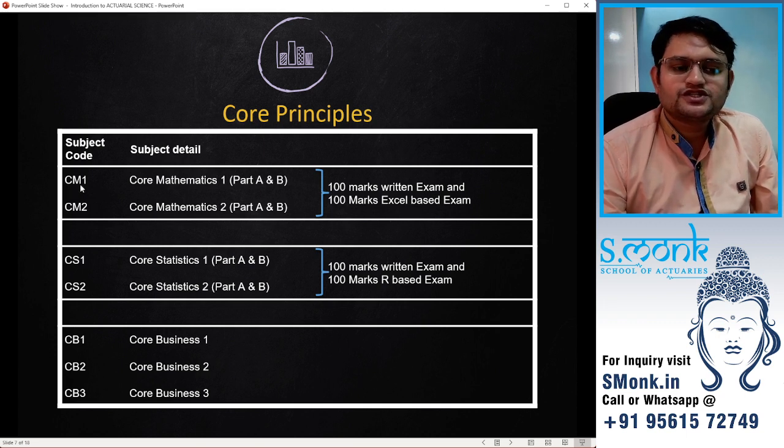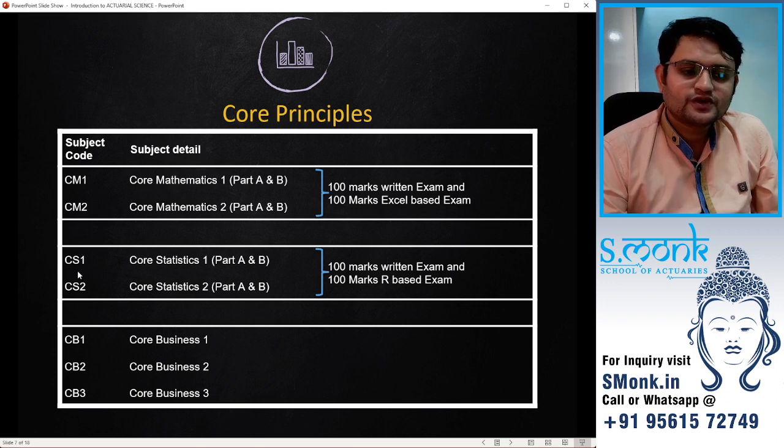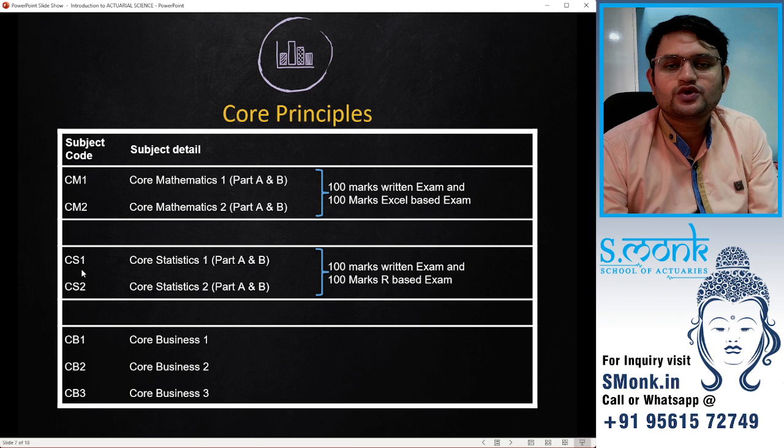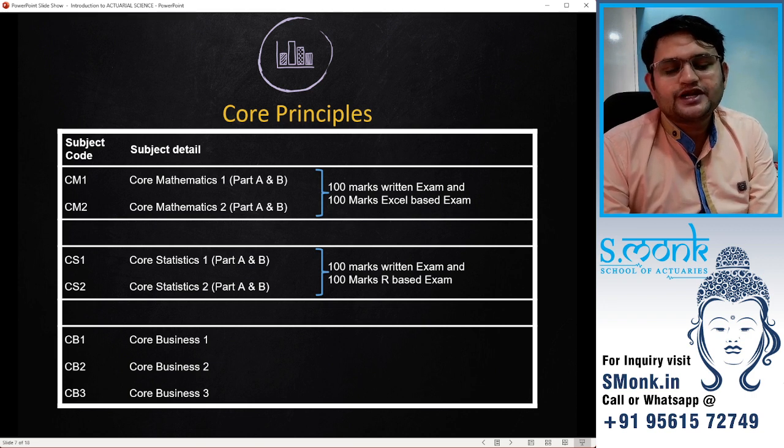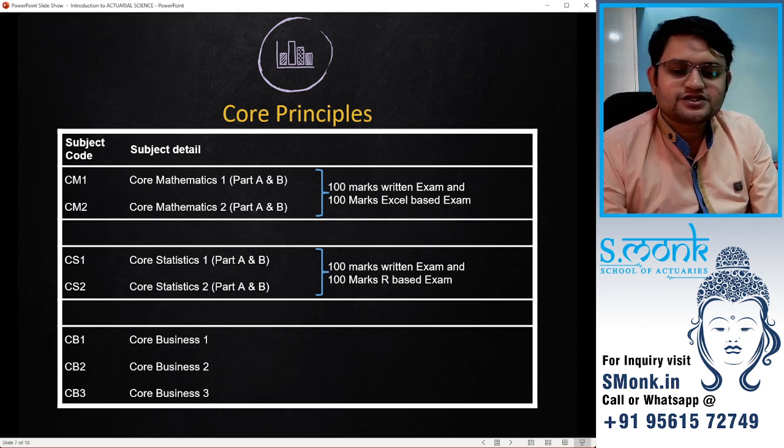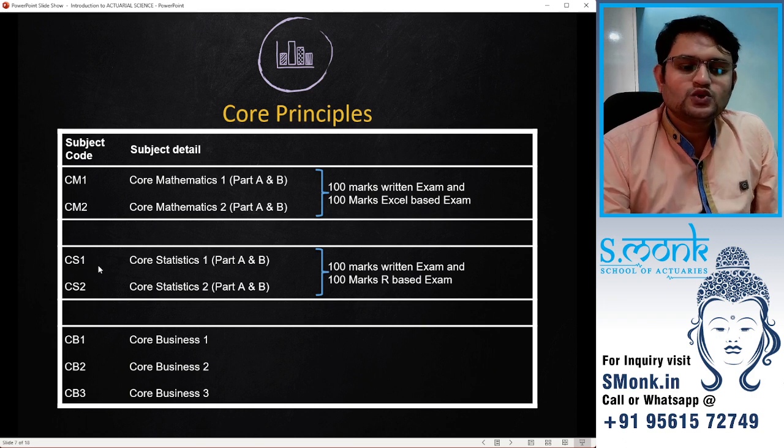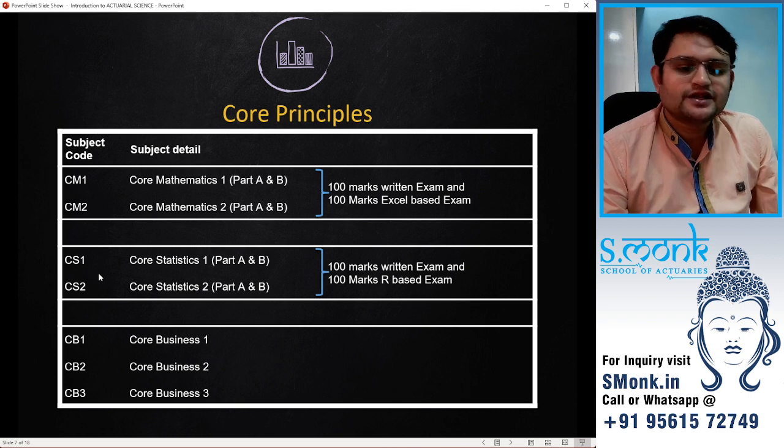Now, usually we start with the first subject, CM1, that is core mathematics, but you can also start with CS1, that is core statistics. CM1 is the first basic mathematics subject. It contains financial mathematics and life insurance. CS1 is core statistics, where from very basic statistics you learn the analytical tools required for statistical analysis.